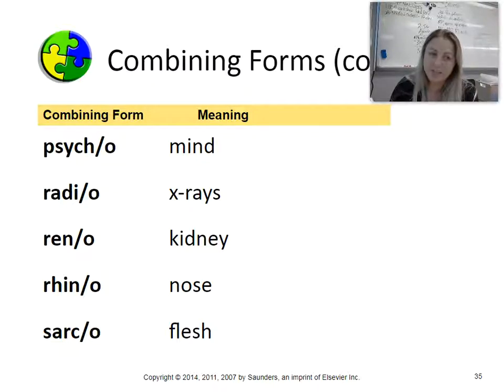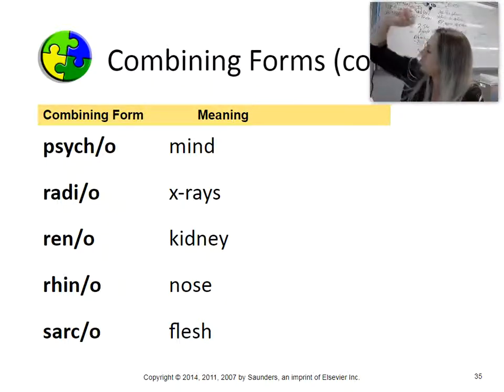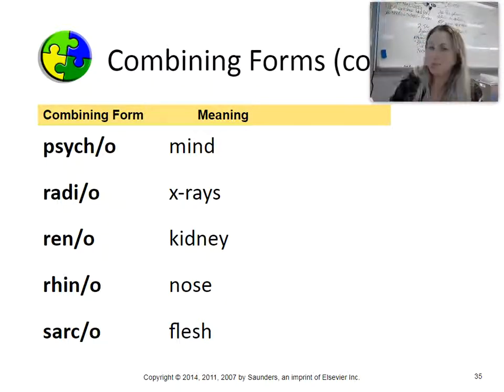Renal, this is kidney. So if somebody has renal disease, that means they have a diseased kidney, renal. Okay, so the combining form is reno with an O. Rhino. Like you think of the rhino animals, they have the big horn for the nose. Okay, so rhino is nose.